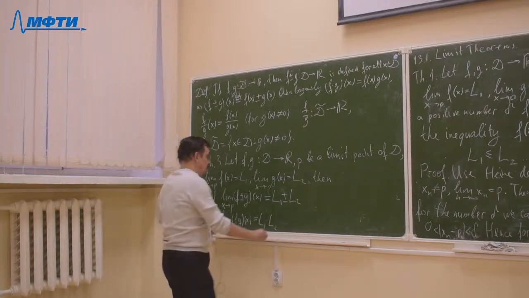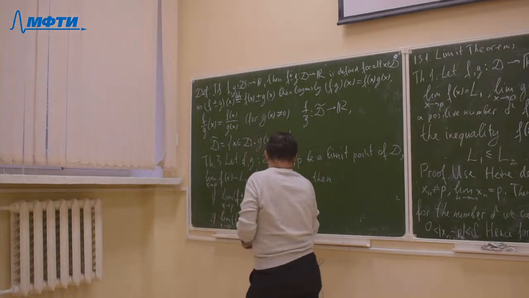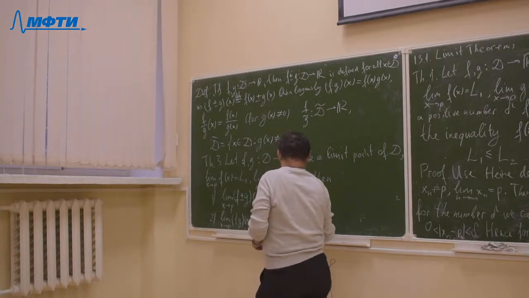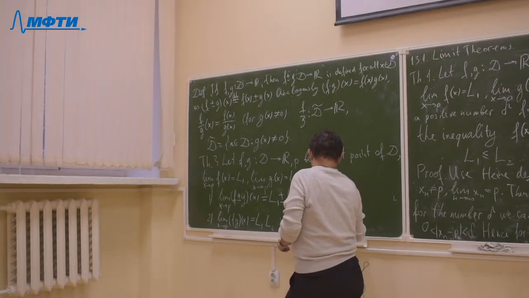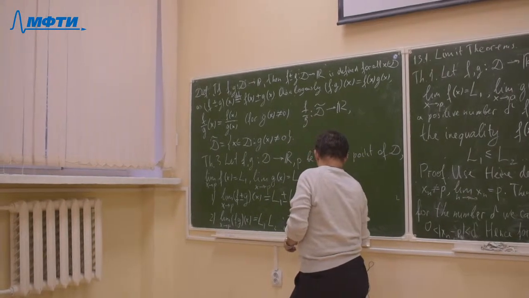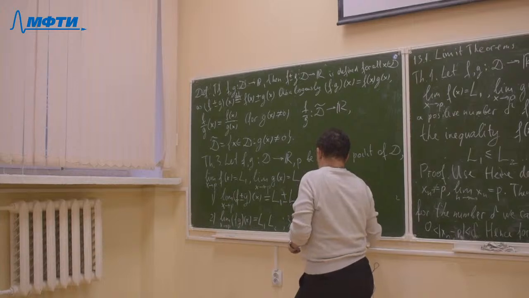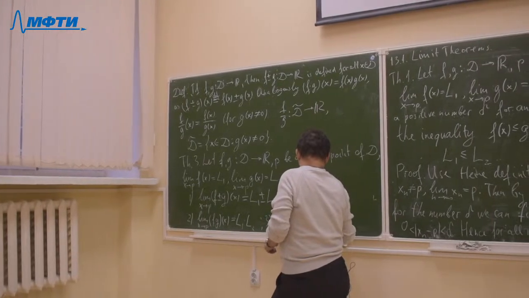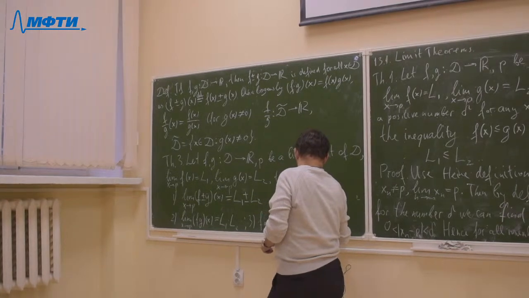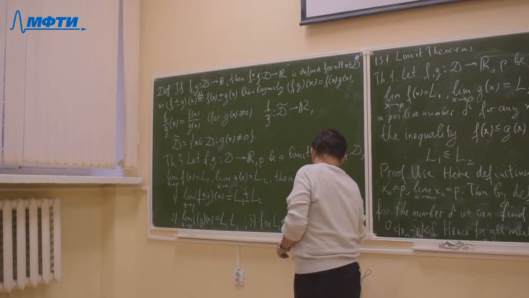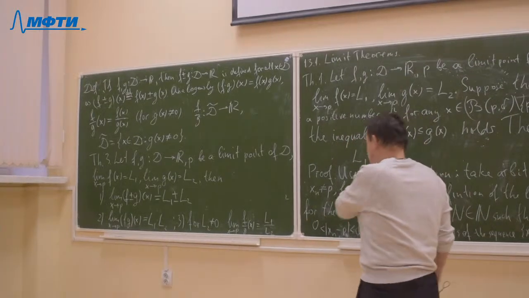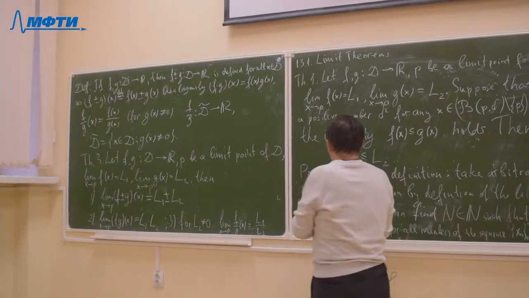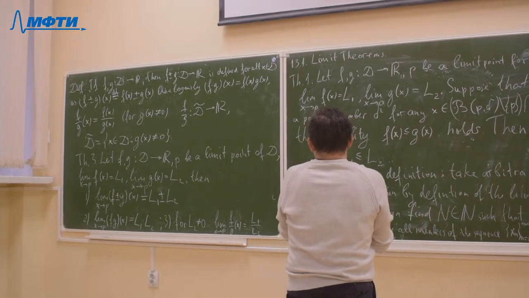And third, for L2 not equal to 0, the limit as x tends to P of f over g of x equals L1 over L2. Proof.